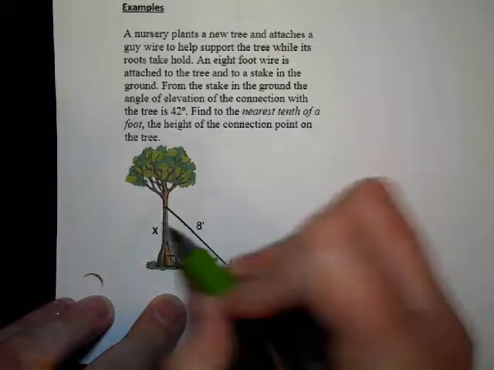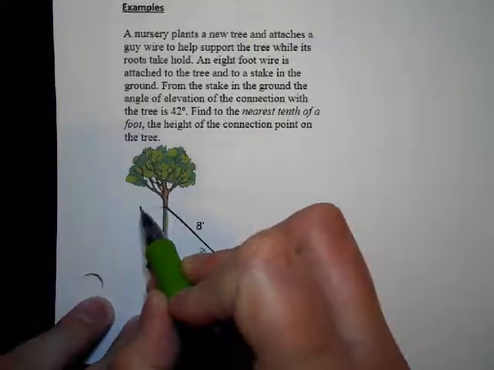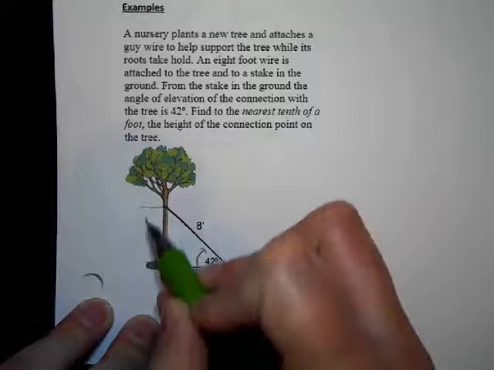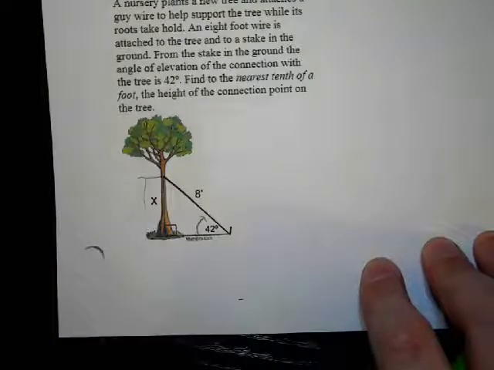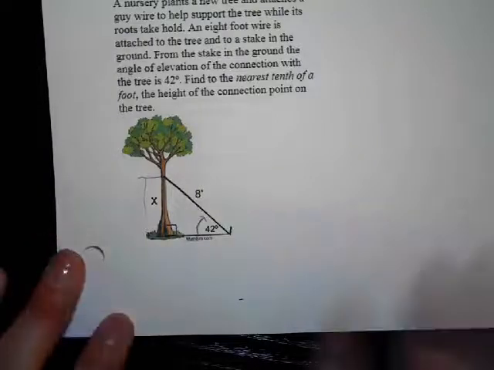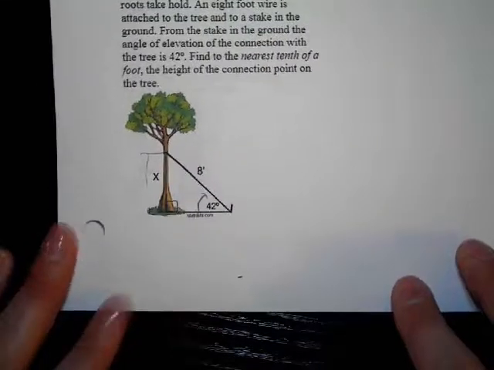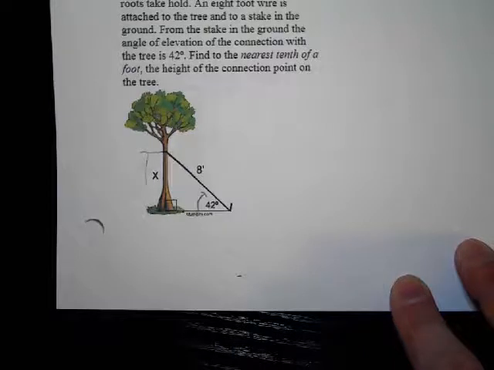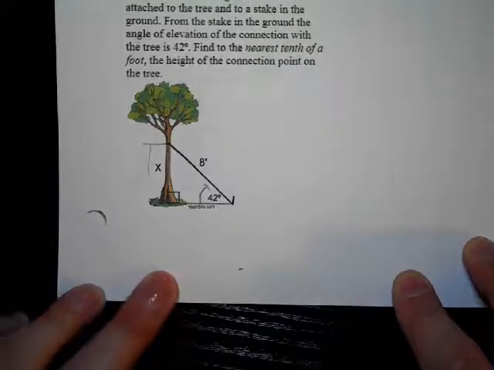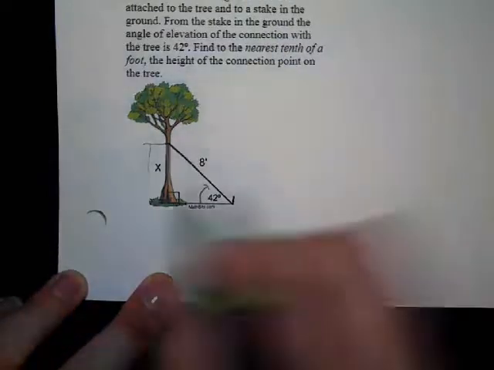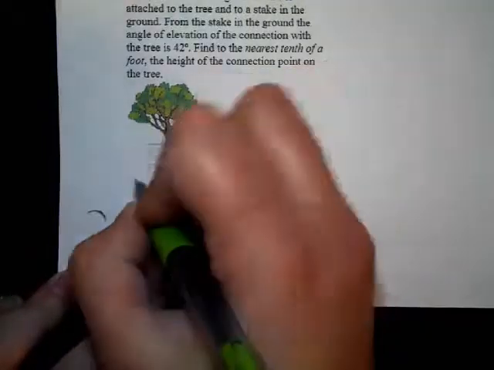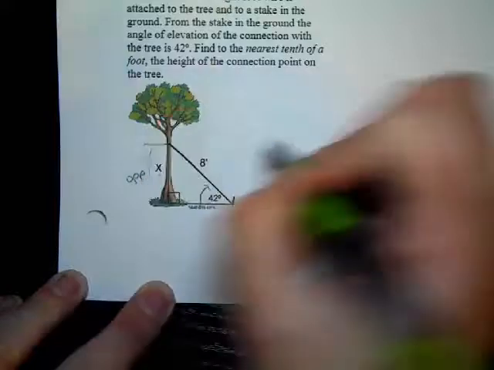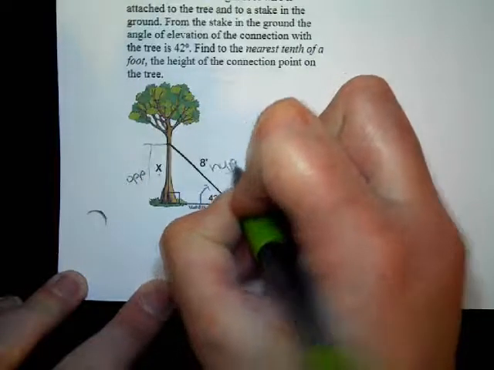So they want to know what the height is from the base of the tree all the way up to right here. So we're going to start with Sohcahtoa, and label the two sides that we have. So the X and the 8, what are those two sides called? Is this adjacent? Opposite, okay. And then what's the other one? Hypotenuse. Okay.